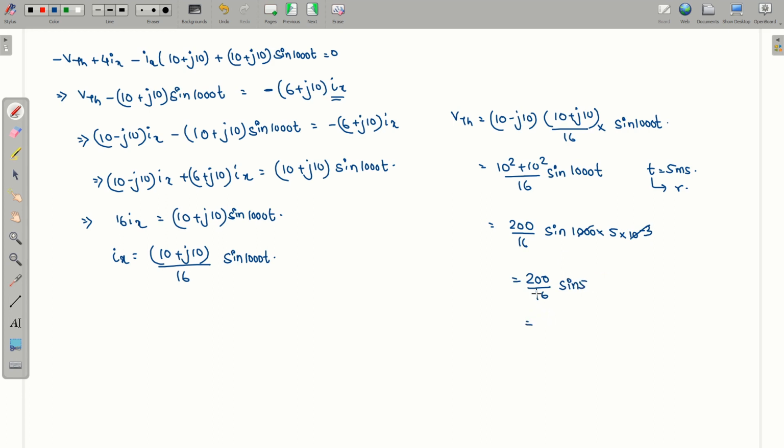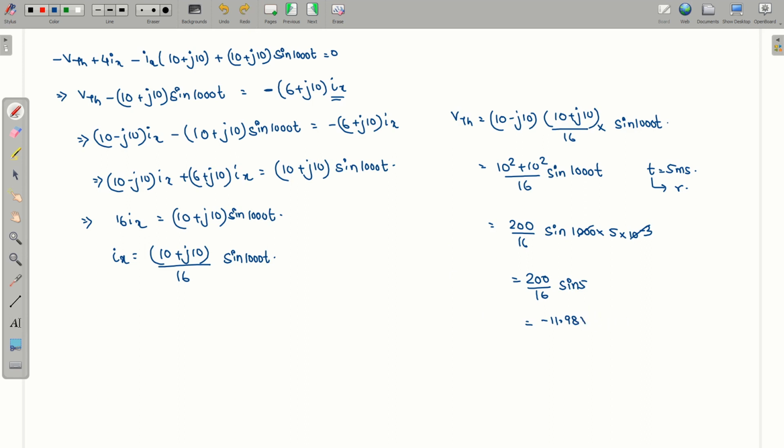So if I solve this value, what do I get? This value comes out to be minus 11.98 volt.